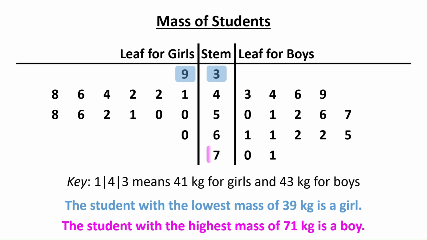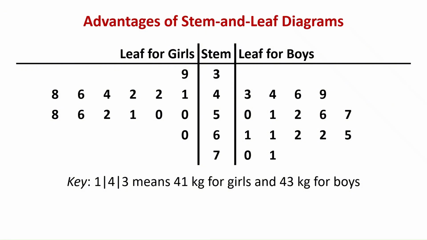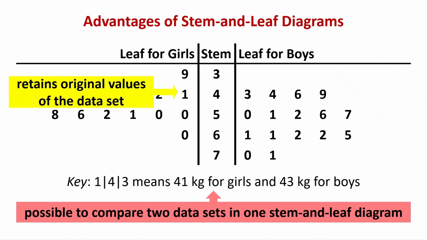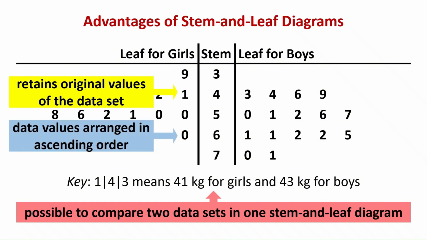who weighs 71 kilograms. Hence, one advantage of a back-to-back stem and leaf diagram is that it enables us to present two groups of data in a single diagram to facilitate comparison between the two datasets. It also retains the original values of the dataset, and the values are arranged in ascending order.